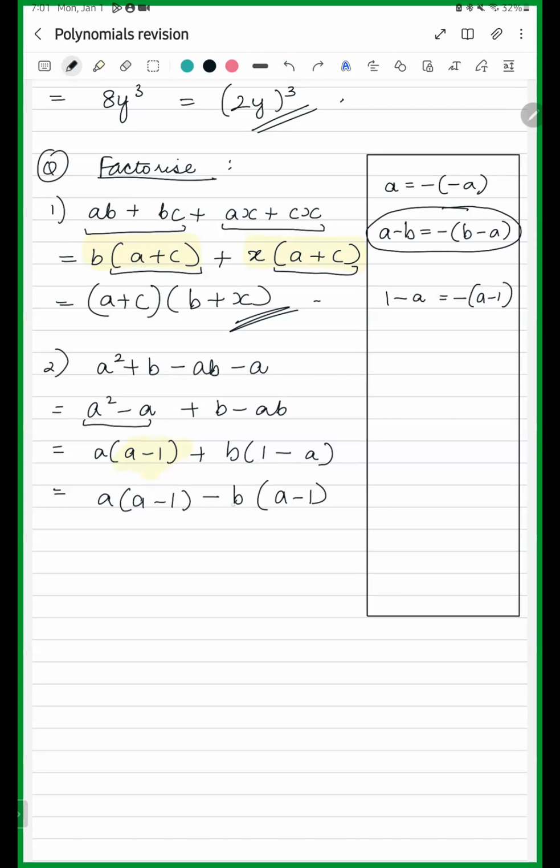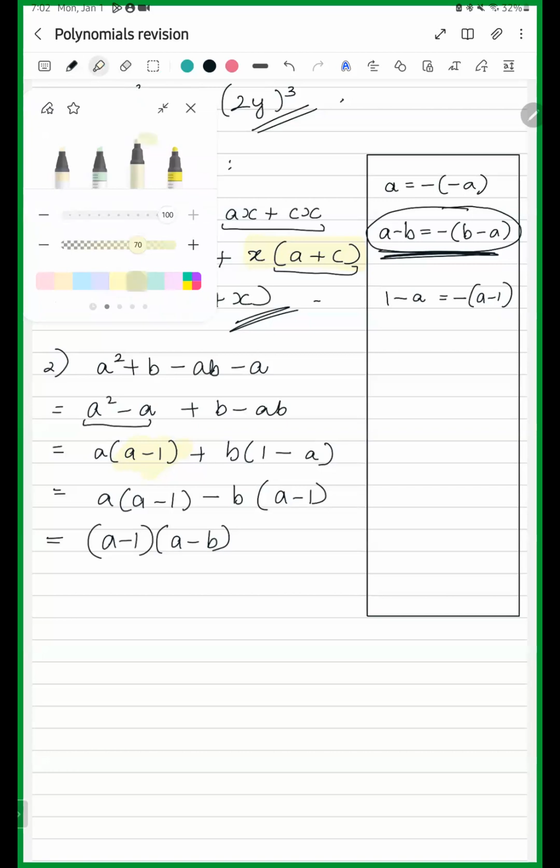We have just taken the negative sign outside, and it becomes B into A minus 1. So now you can take A minus 1 as common in both the terms. So A minus 1, and what is remaining? A minus B.